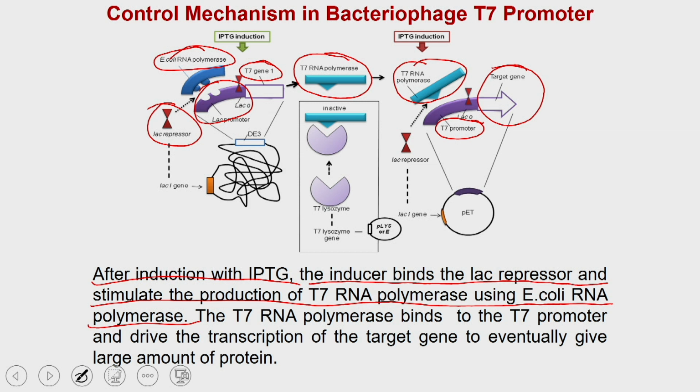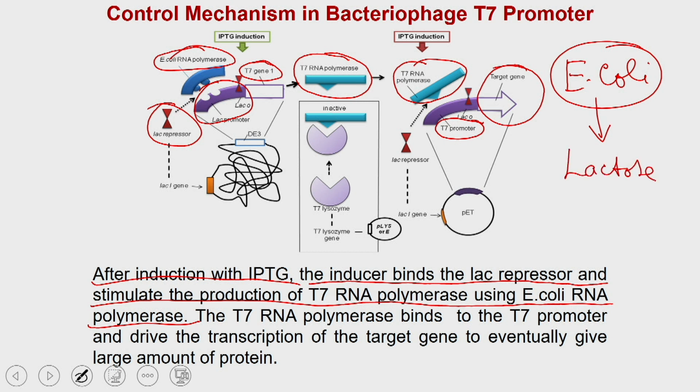But in some cases, when you want to make a very tight control, consider that you are using E. coli as an expression system, and E. coli has a very low amount of lactose. So, even if you are not adding the IPTG, which means you are not adding the inducer, the lactose present inside the cell is going to bind to the repressor, and as a result it will induce the E. coli RNA polymerase to bind to the lac promoter.